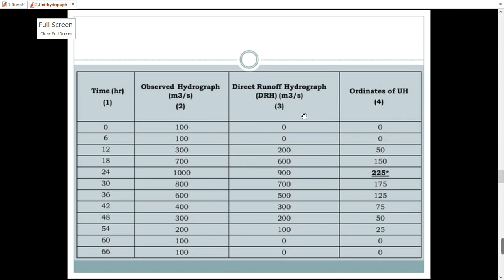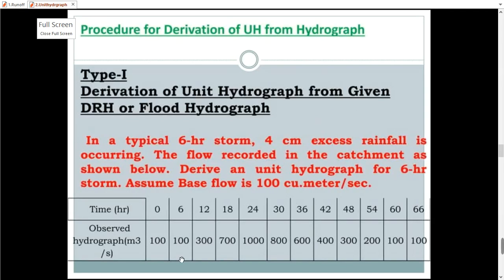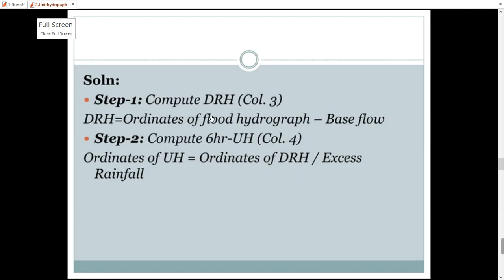Direct runoff hydrograph. So how to make this graph? Already they have given this data, and these are the times, right? Step 1, compute the DRH. Step 2, the 6-hour unit hydrograph column. Ordinates of UH. What's the meaning of UH? The unit hydrograph.